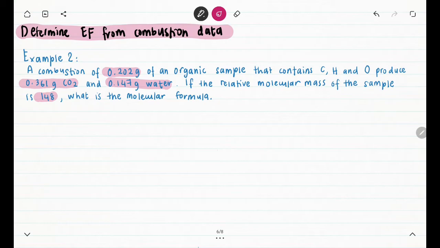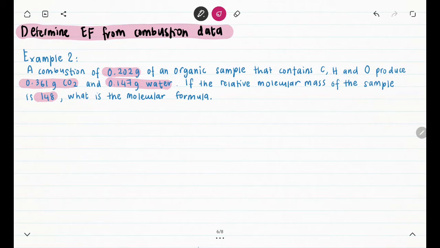So how to calculate the empirical formula first? Same as our percentage data, we need to know the mass of carbon, hydrogen and oxygen in the sample first. To calculate the mass of carbon, you need to know that after we burn the organic sample, all the carbon in the sample will become carbon dioxide.